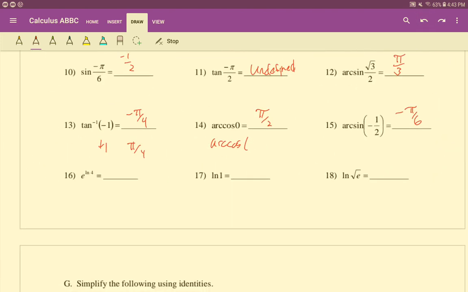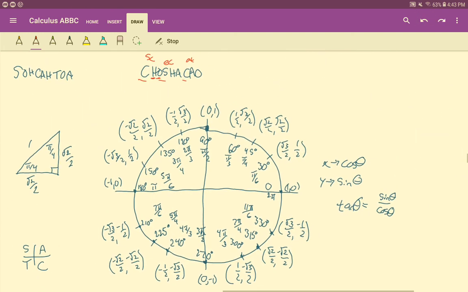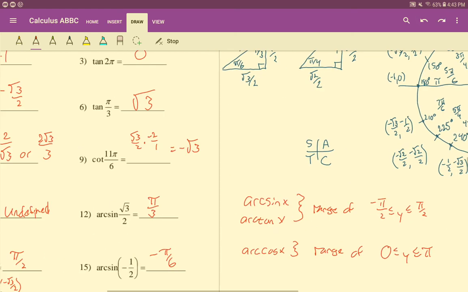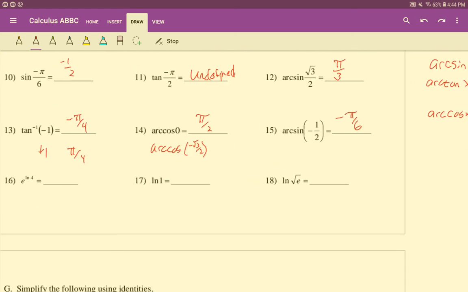You wouldn't do it this way. Sorry. It would be arccosine of like -√3/2. Okay, so treat it like it's positive √3/2. So that would be the 30-degree angle there, but you want the second quadrant version of that, so it would be the 150 or the 5 pi/6. Okay. In calculus, right, we don't really work with degrees, we work with radians. So you're going to want to really be familiar with those radian measures as well.